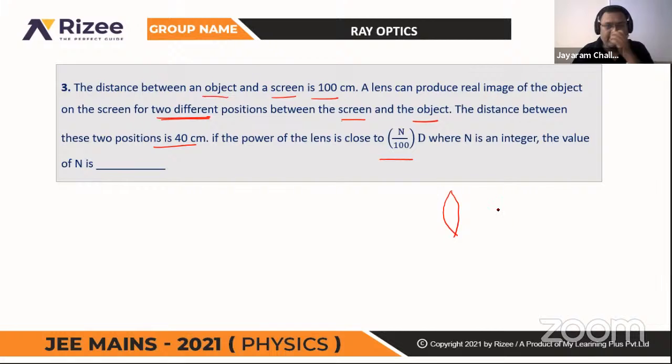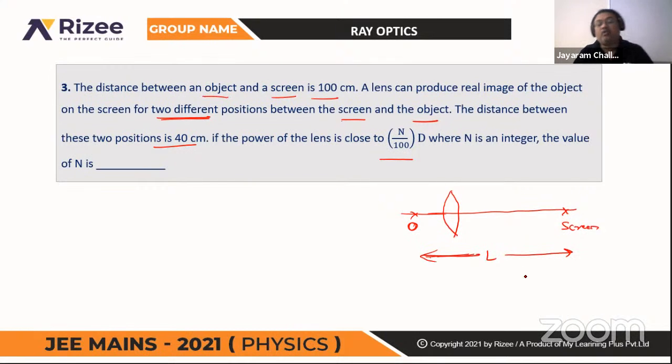In the conjugate foci method or the lens displacement method, you will be fixing the object and fixing the distance between the object and the screen. This is a fixed distance, and I'm representing it as L. To obtain a real image, L has to be greater than or equal to 4 times the focus.